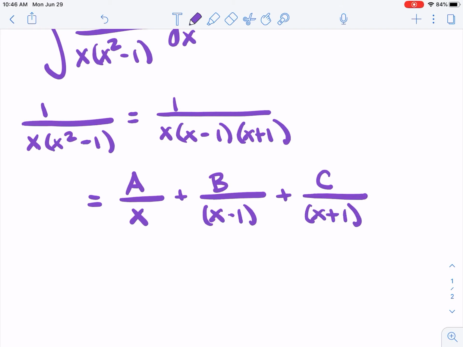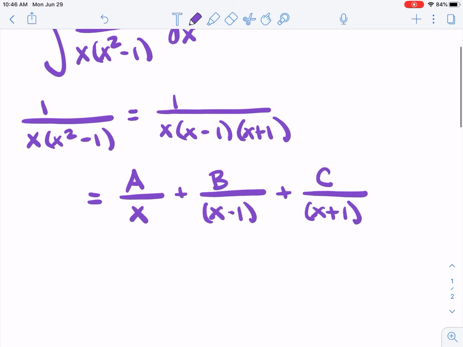And if I had that as a fraction and I wanted to combine it with a common denominator, I would get back to x times x minus 1 times x plus 1. So that is the form of our partial fraction decomposition. We're going to look for an a, a b, and a c that will make this equation true, that will allow us to break down our original function into these different parts.